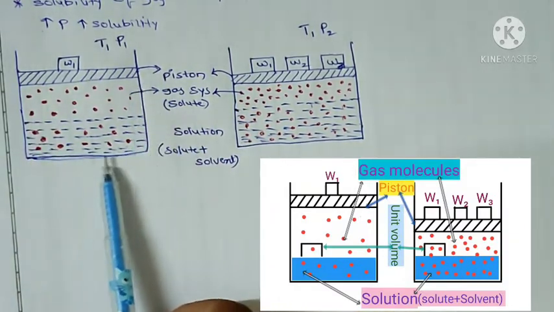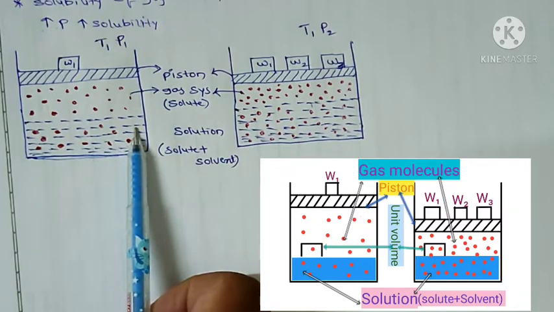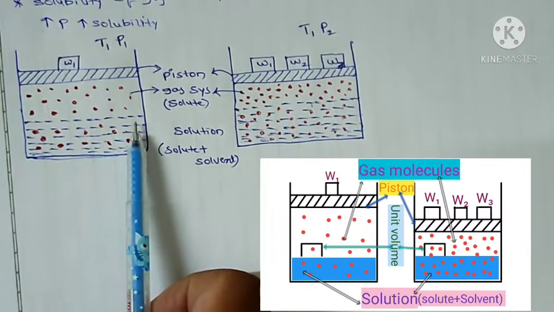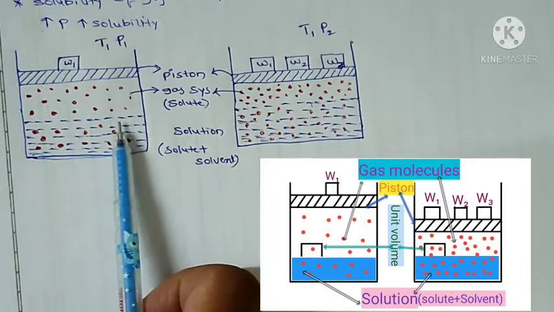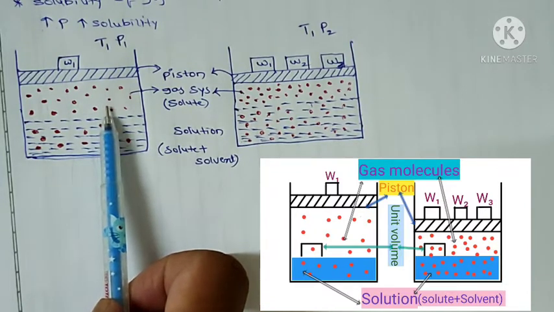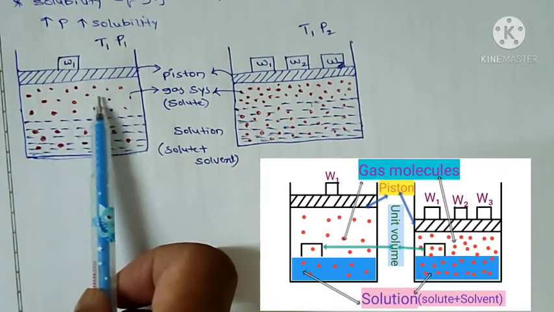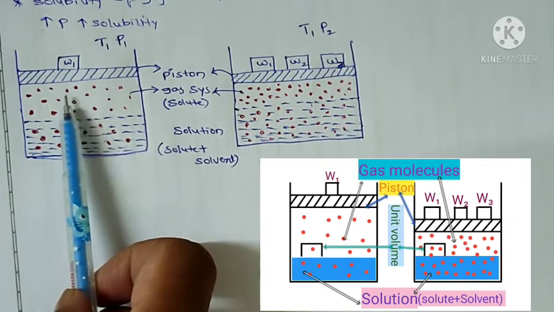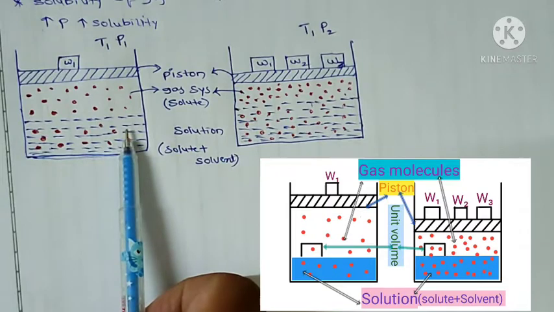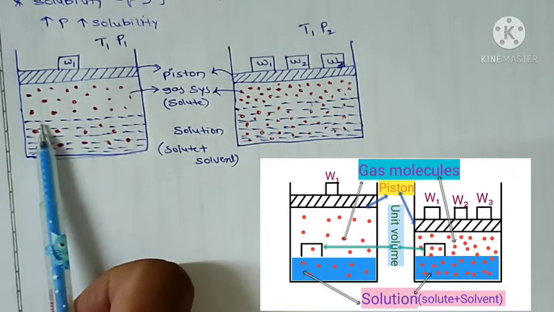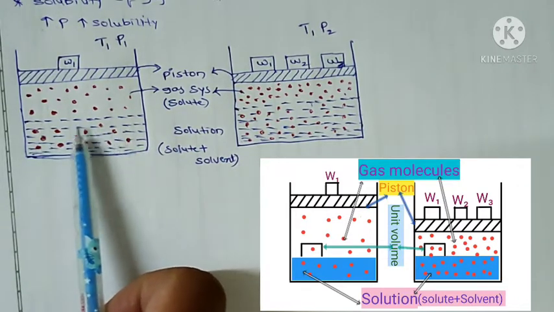In that cylinder, I'm taking the solvent. It may be water, just assume that it is water. So this is the solvent, and above that solvent we have gas molecules. The gas molecules are indicated by red dots, and the solvent is indicated by blue dots.